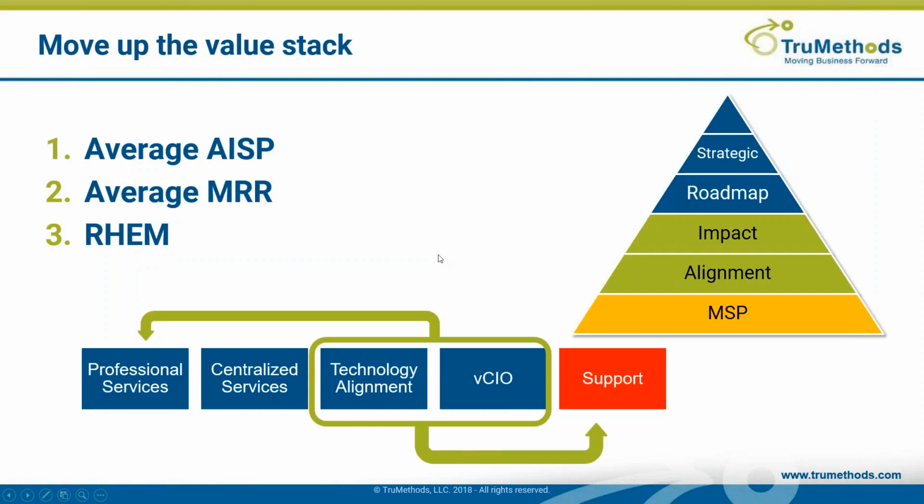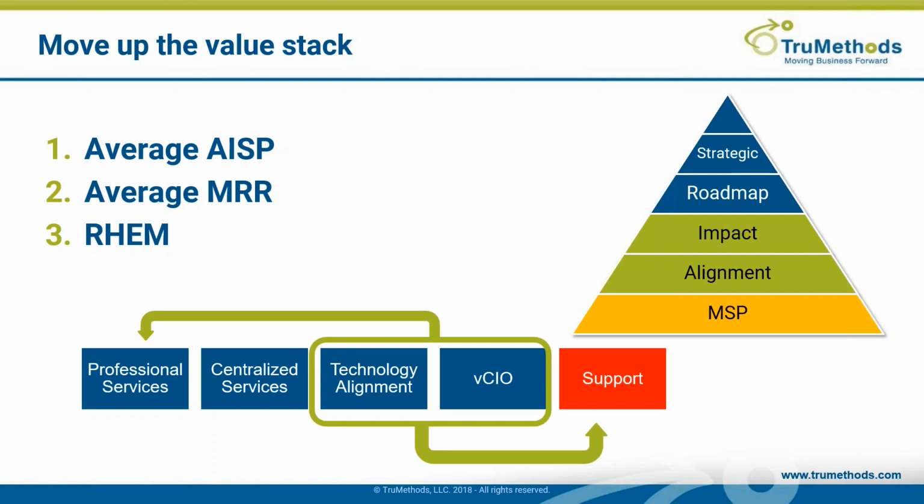So, stepping back, let's put this whole thing together. We showed you the value stack and said you need to build functions and process at the top of the stack for alignment and impact and building that strategic business relationship. And to do that, we want to create delivery areas and have roles and process that are specifically aimed at that. So we have our 5 delivery areas. We know what the relationship is between revenue and roles for each and what the drivers are.